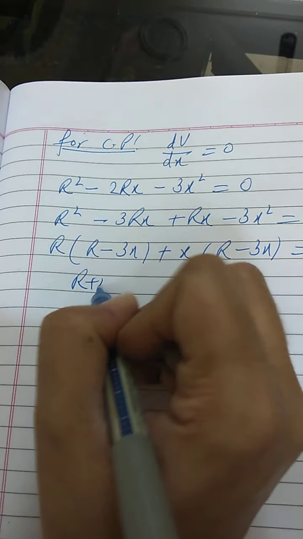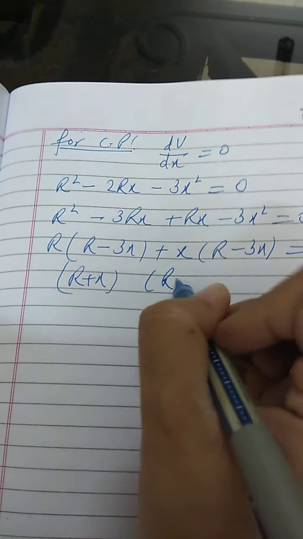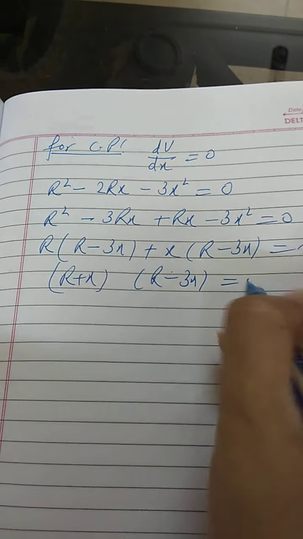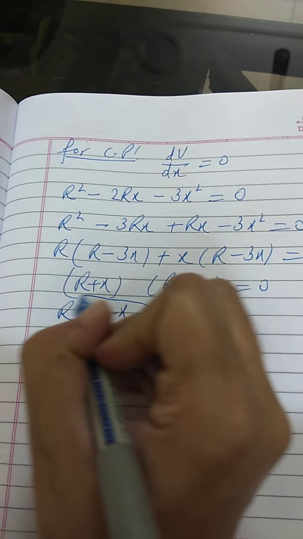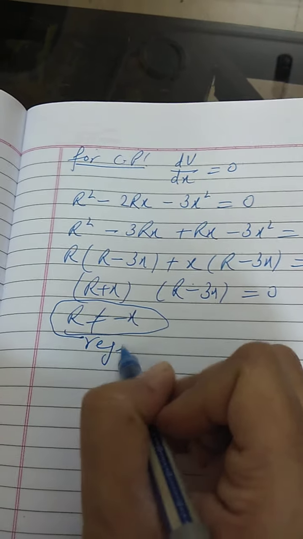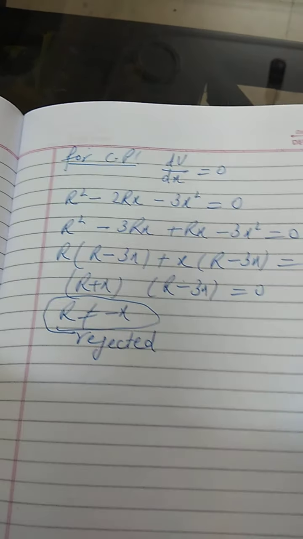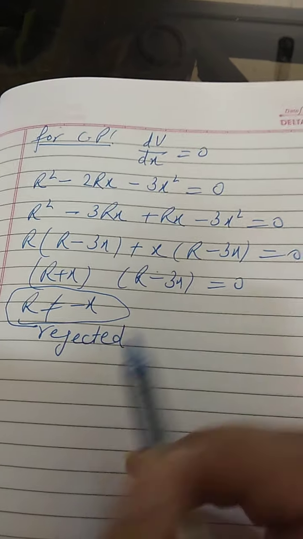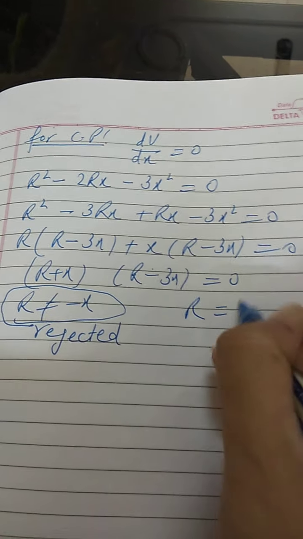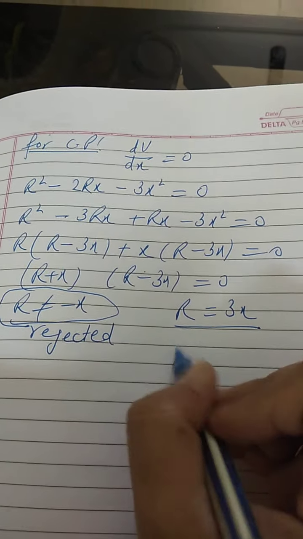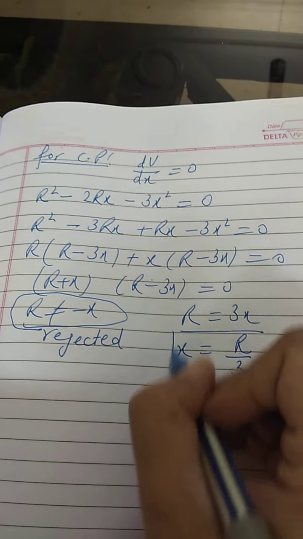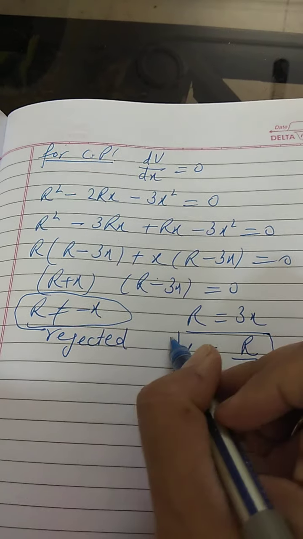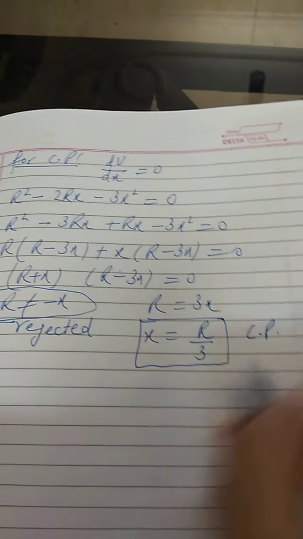So we are getting R plus x and R minus 3x equal to 0. R can't be equal to minus x, so this is rejected. The reason being, R is the radius of the sphere and it can't be negative. It means the value of R is 3x, or I can say x is equal to R upon 3. This will be our critical point, CP.